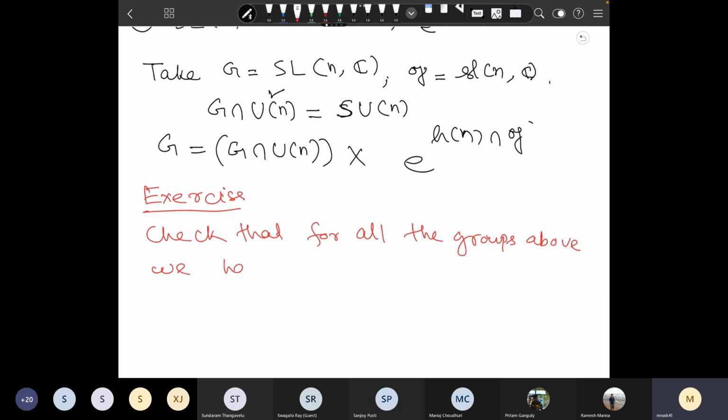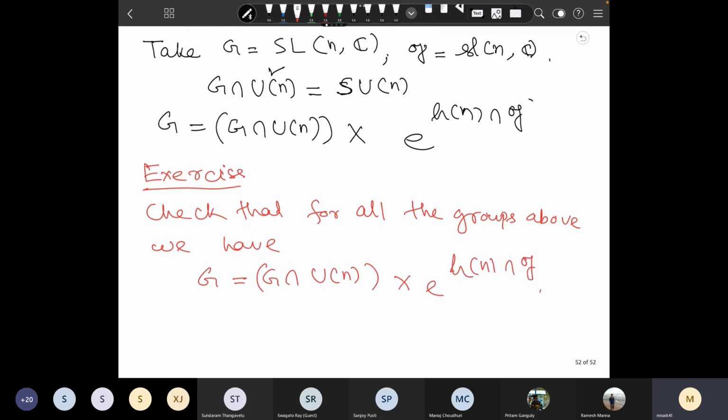We have G is equal to G intersection UN into e to the power HN intersection G, where G is the Lie algebra.